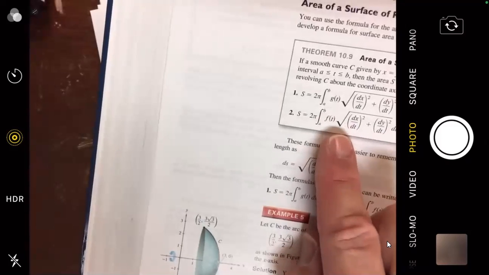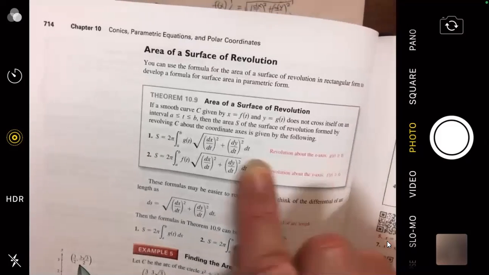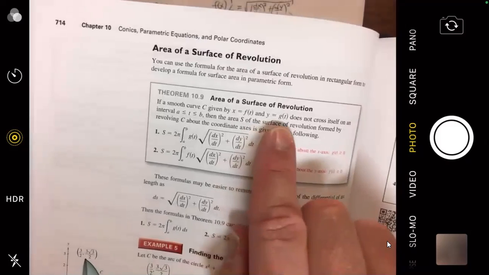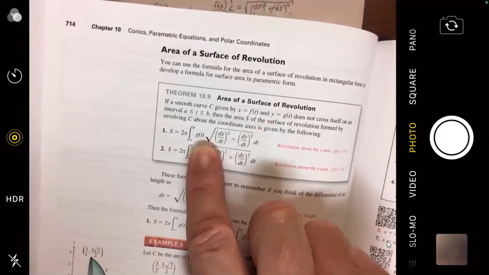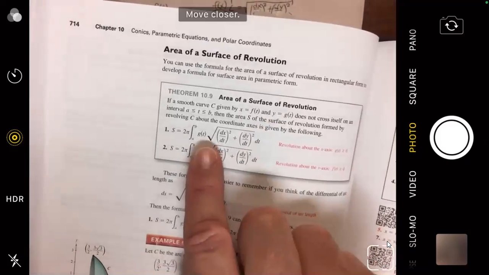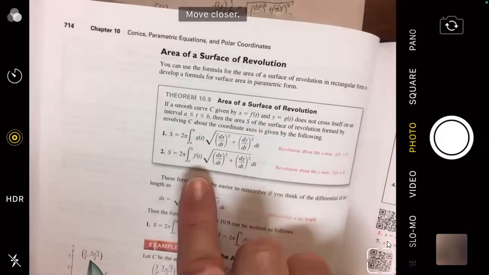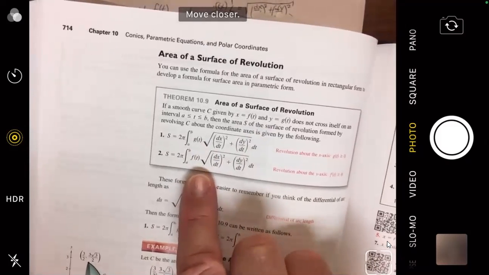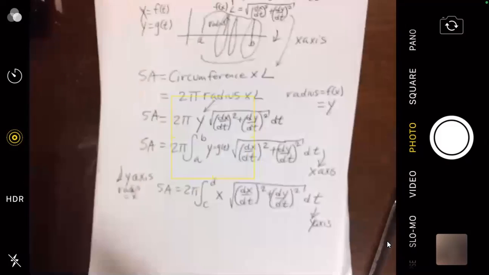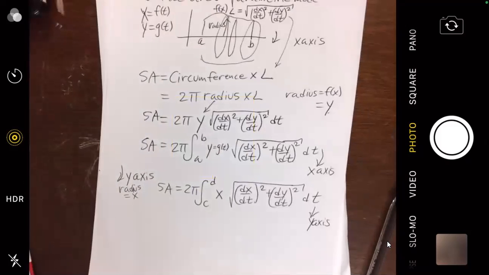Now, I never remember if it's g of t or f of t on these things. So what I do remember is you're going around the x-axis. And see how they're telling you that g of t is greater than or equal to 0. But up here, g of t is y. Okay, and then that's what I plug in with the direct y equation in terms of t. And then down here, that's the direct x equation in terms of t. Again, it's really just plug and chug, but it is a little more complicated than arc length.